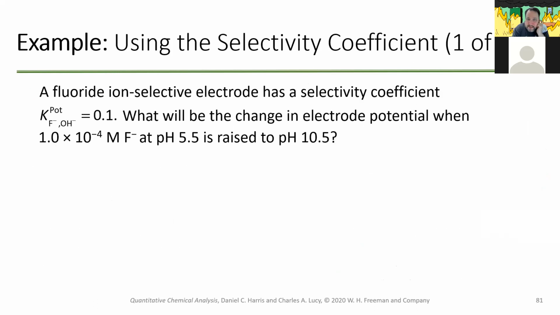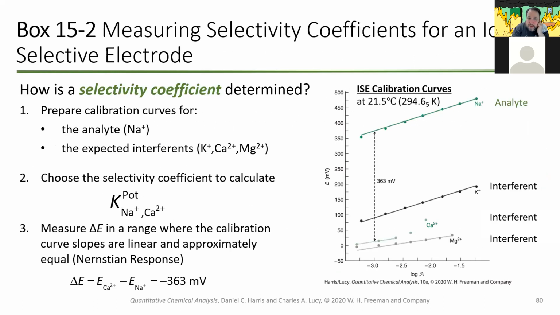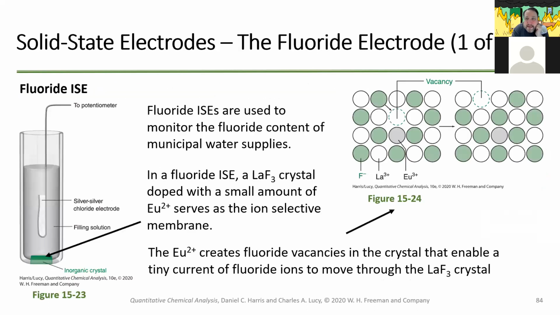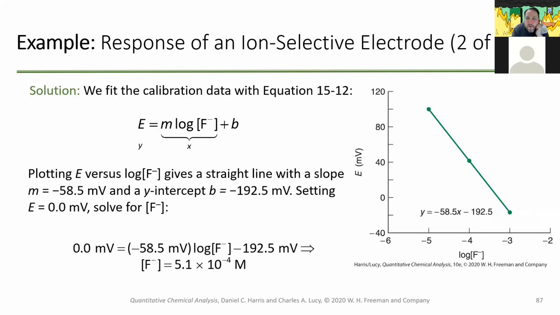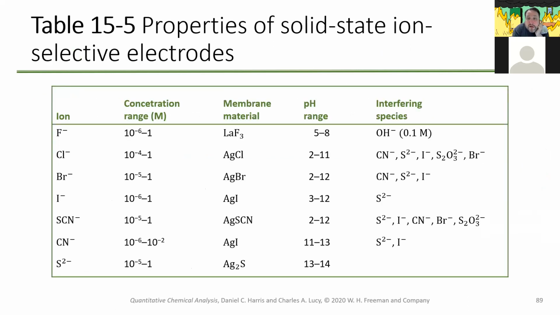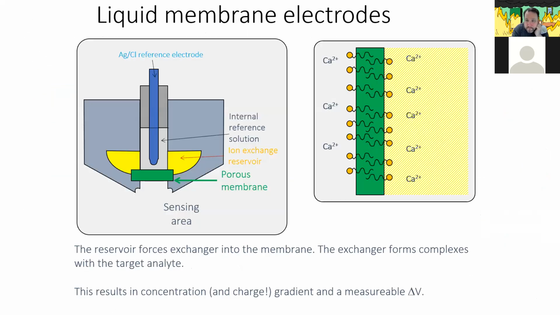I don't think I will ask you about the selectivity coefficient. Not that it's not important, but I don't think we have time to ask about it. I've got way bigger things to ask about. That's really just the same as the pH one. We saw some of these, so I may ask you to draw this.